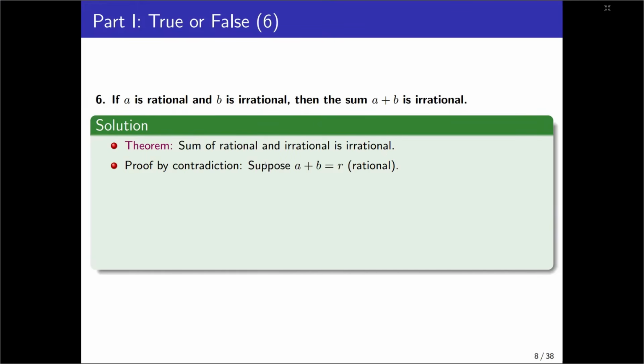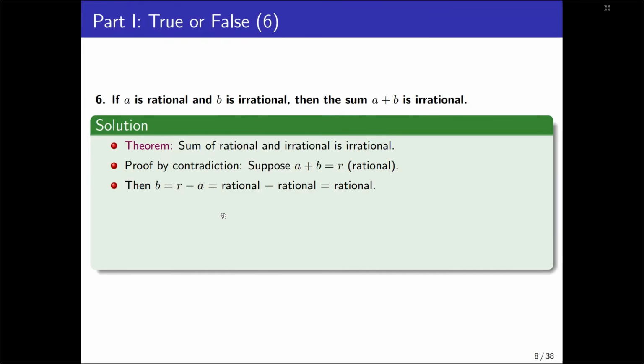A proof by contradiction. Suppose a plus b equals r is rational. In order to prove this by contradiction, suppose that a plus b equals r, where r is a rational number. Then b equals r minus a, which must be rational minus rational, which is rational.